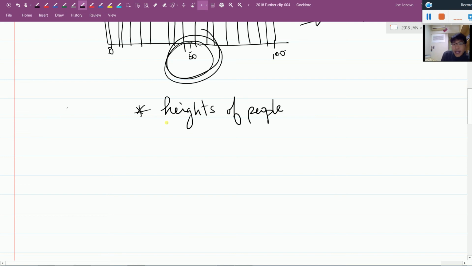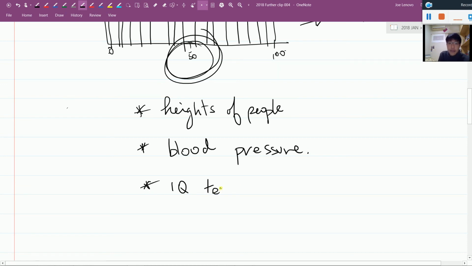And then you may also look at more internal measurements, the physiological measurements like blood pressure. Then some people will find something more related to the mind, your IQ score. The IQ score can be normally distributed.